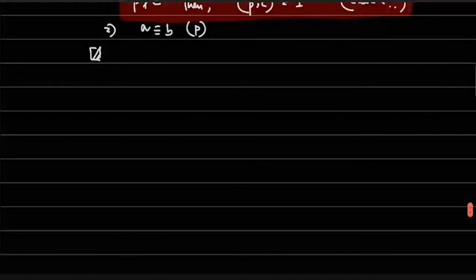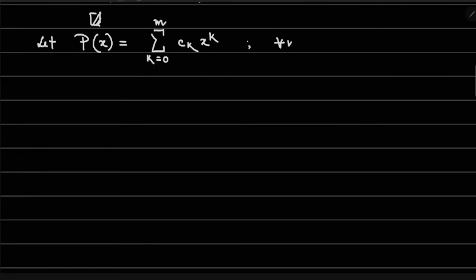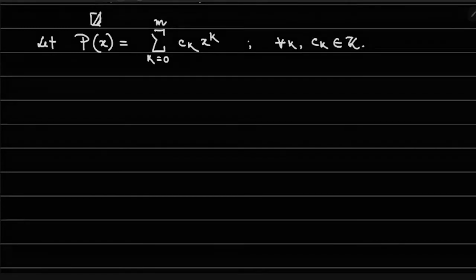Now let's talk about some polynomial congruences. So we all know polynomials, right? Let P(x) be a polynomial of degree m, the sum for k running from 0 to m of ck x to the power k, and for all k, ck belongs to the integers.